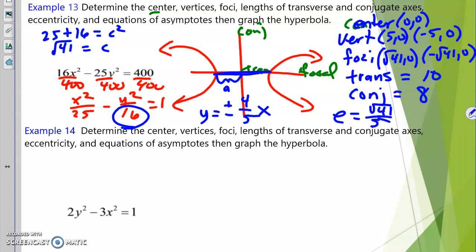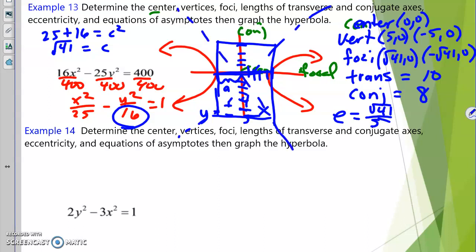If I was to make my box here, my B would be 1, 2, 3, 4, and my A would be 1, 2, 3, 4, 5. And so then my asymptotes would look like this, and my graph would look a little wider than I drew it. But you get the idea. All right.